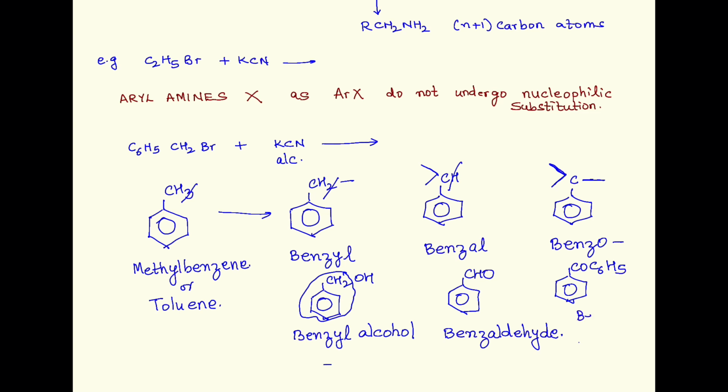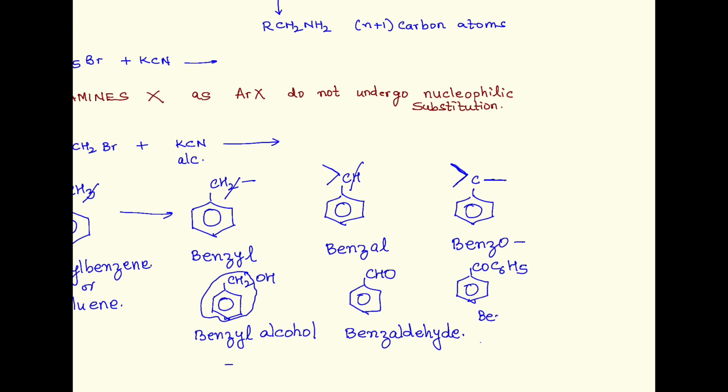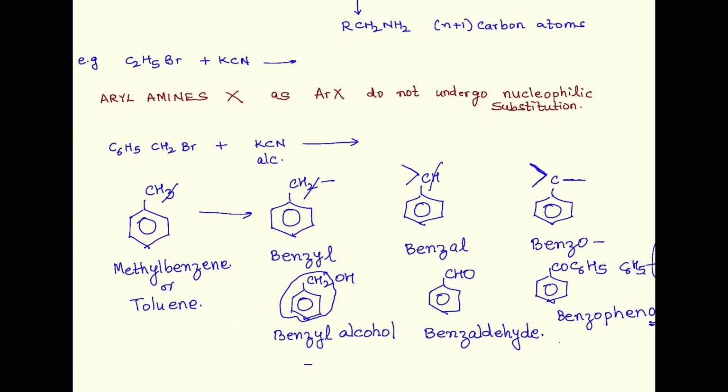This is known as benzophenone. Got it? Because this is a ketonic group. You see over here C6H5, and then of course there is another C6H5. Clear? Look at the ketonic, look at the name, ONE. That should be a hint to what the functional group is. I hope this makes it clear.